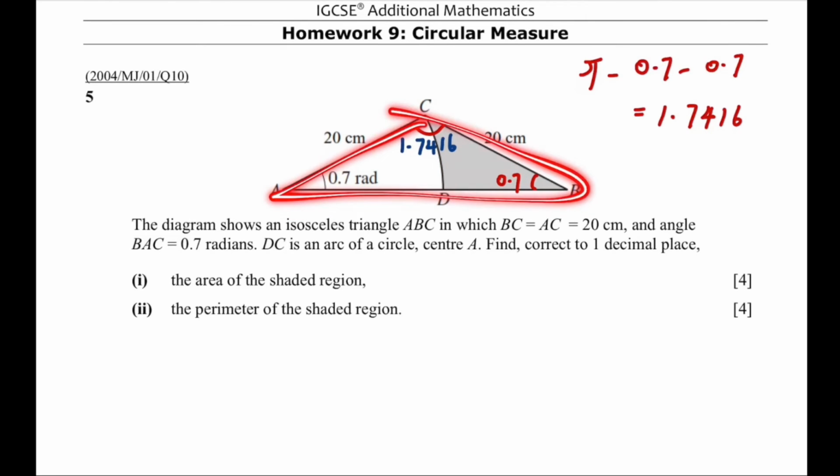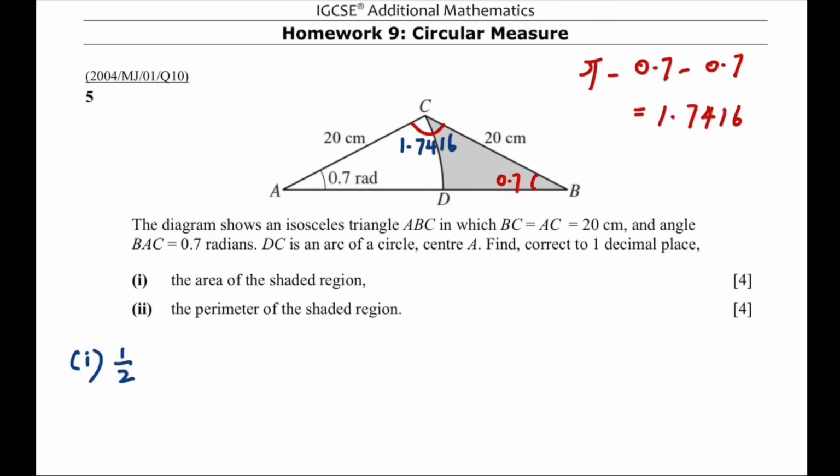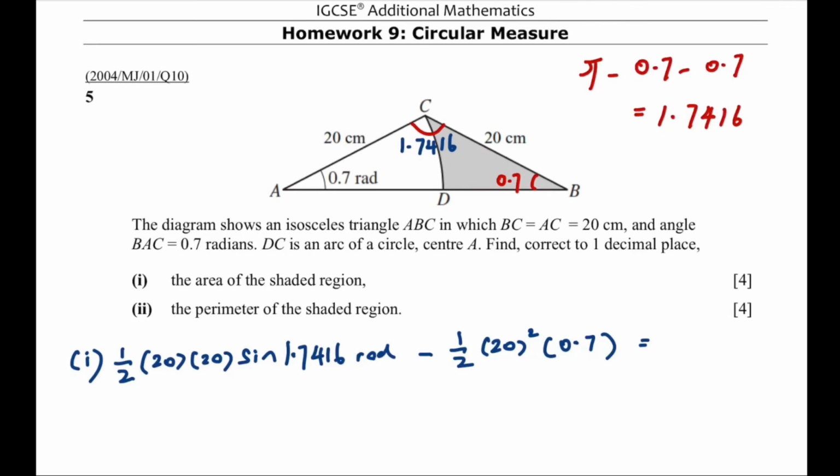For the area of the triangle, you can use the formula 1 over 2 ab sine C. So your a is 20, b is 20, your angle is 1.7416 radian, minus the area of sector, 1 over 2 r squared theta, r is 20, theta 0.7, and then just put everything in the calculator, and correct your answer to 1 decimal place.